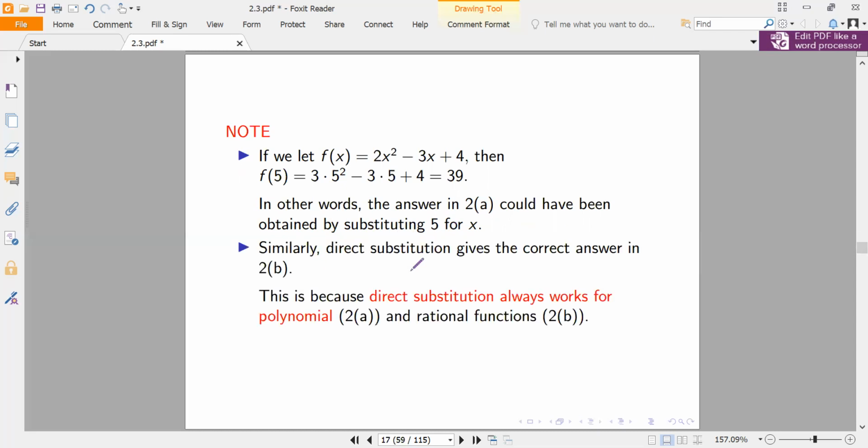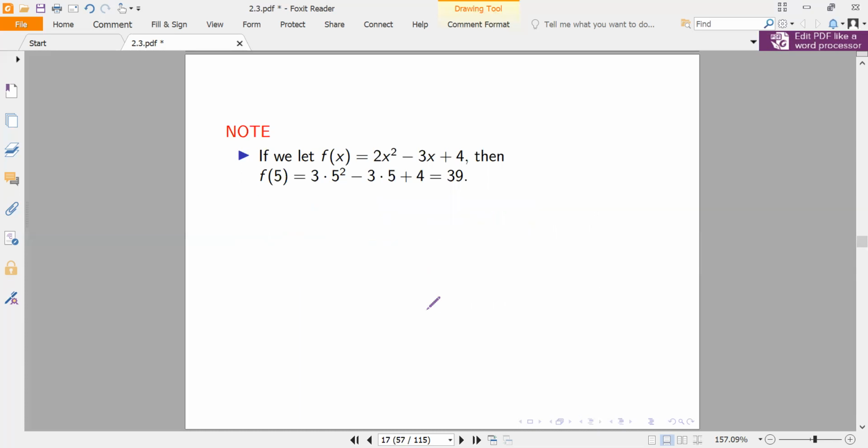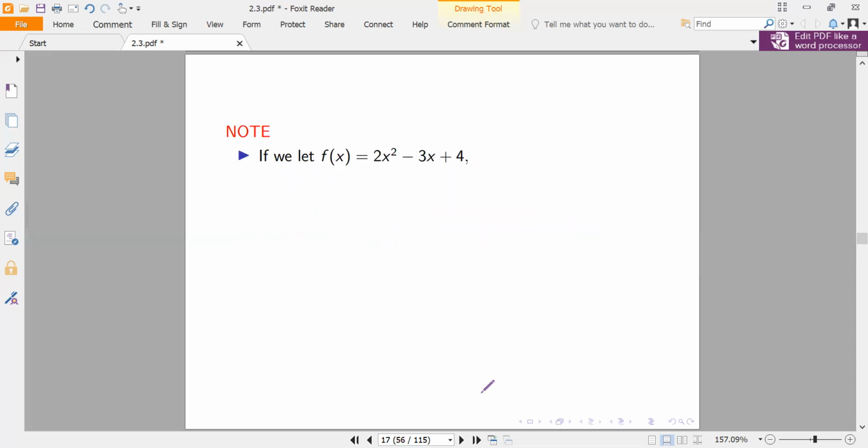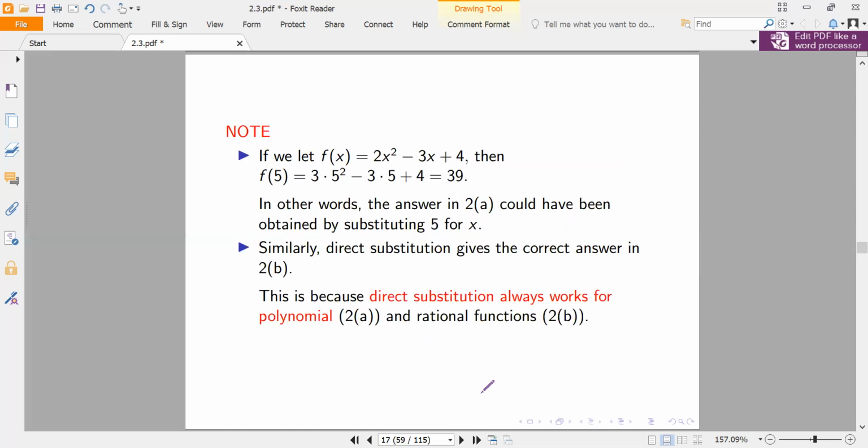We can do the same thing for number B. Remember, we had a rational function, and we ended up getting -1 over 11. If you take number B and do a direct substitution, you'll get the same answer.